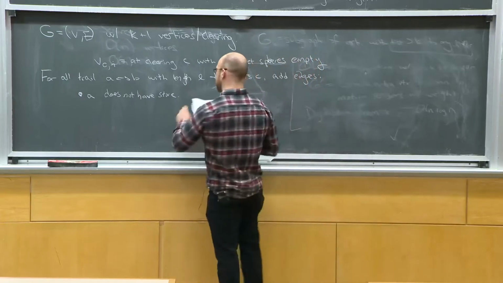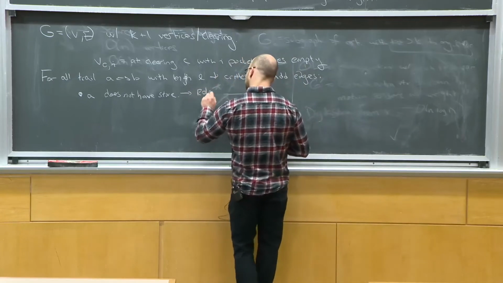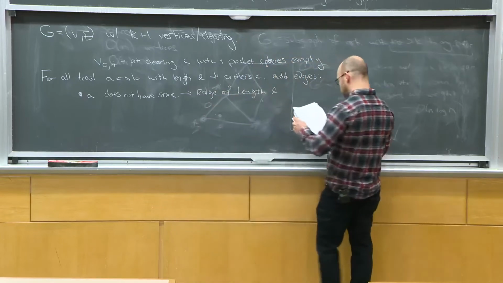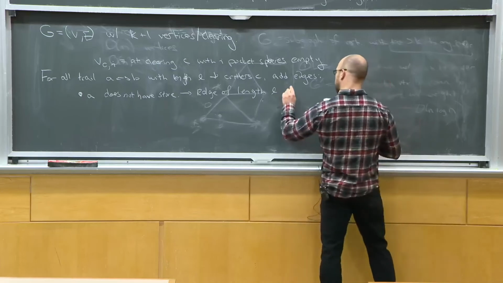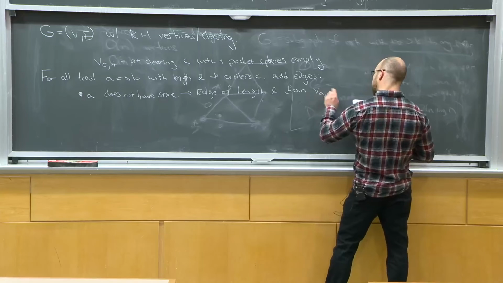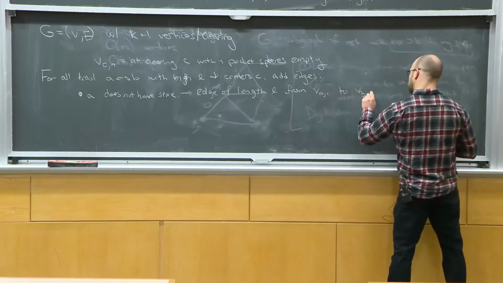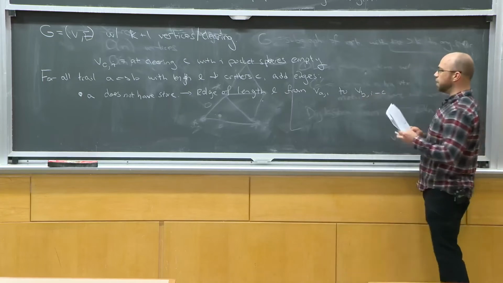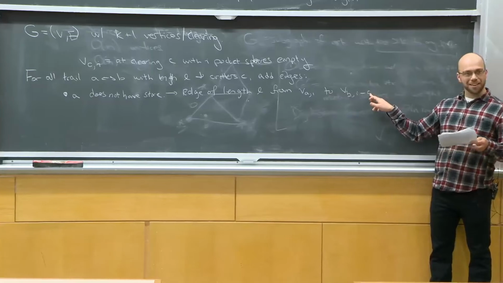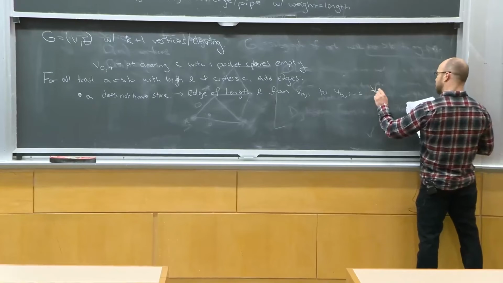So now I'm going to have an edge of length L, and I'm going to go from V A comma I to V B comma I minus C, right? So the idea is that I go from A to B, and in the process I lose C critters, right? But I have to do this for all the possible I's that I could see in my state.